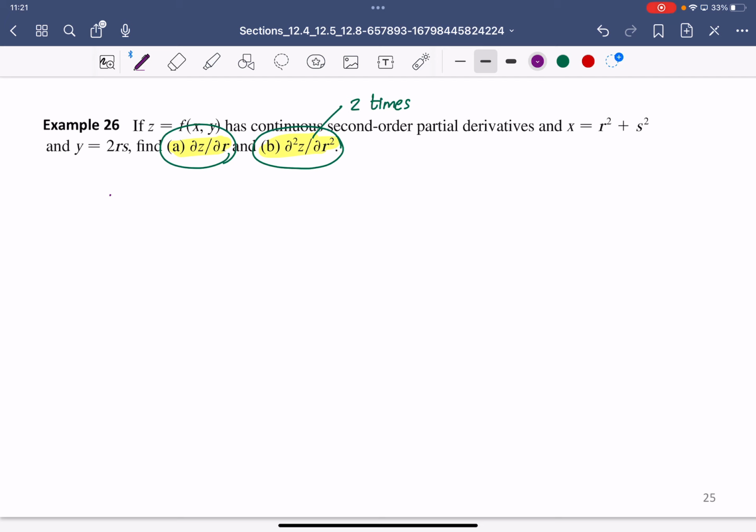So z is a function of x and y, and x is a function of r and s.